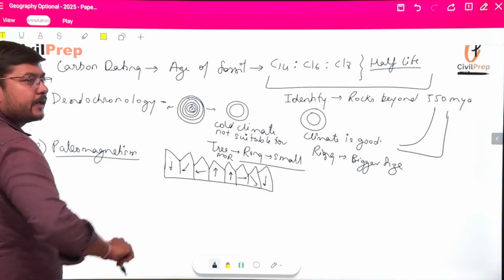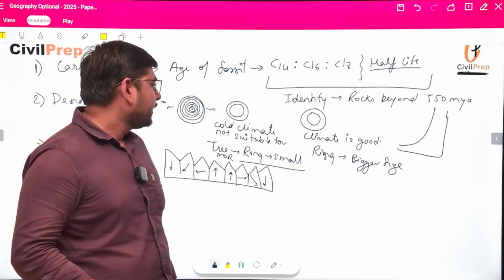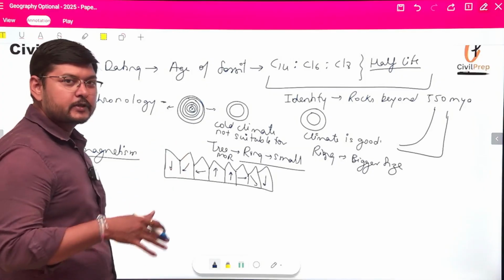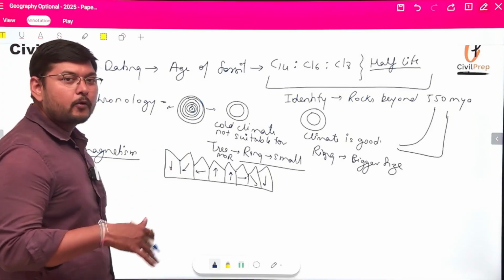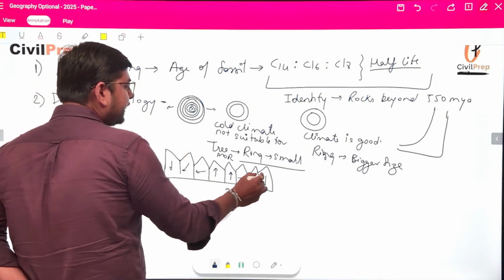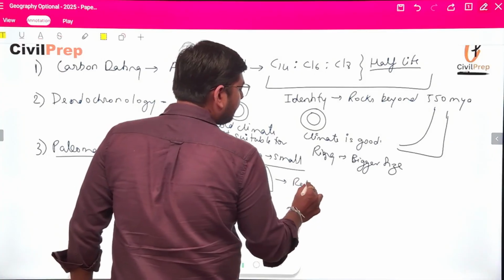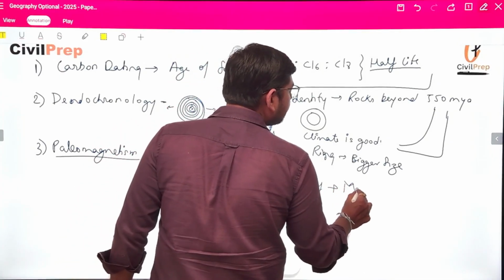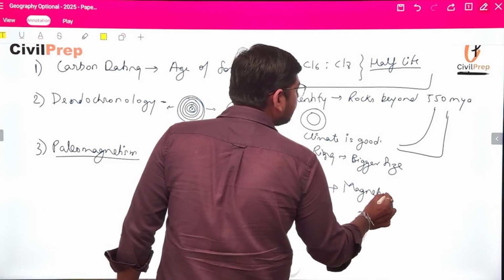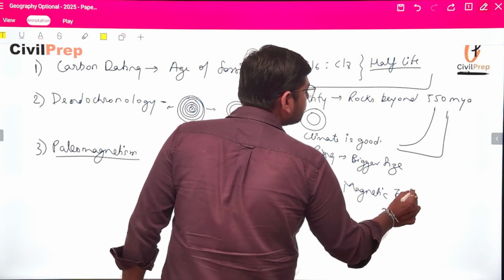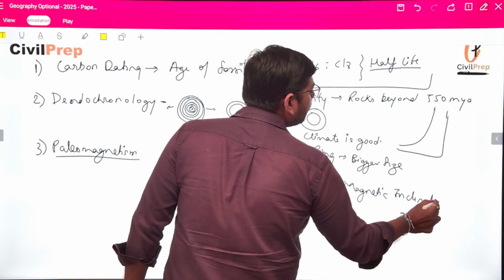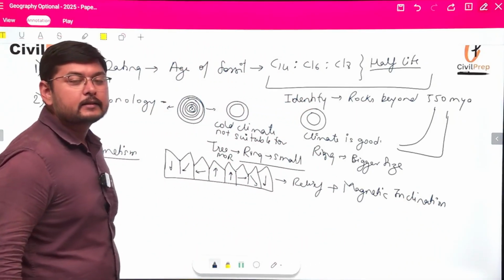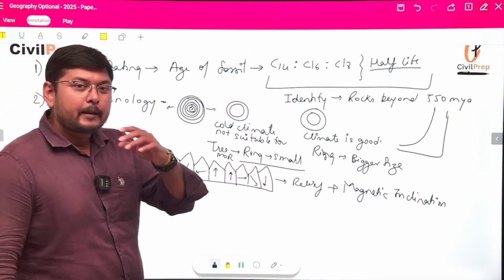Either these rocks can rise over the land, or they may submerge, or they will get more erosion. So by understanding the relief features plus the magnetic inclination, we are able to understand what the past climate was here.